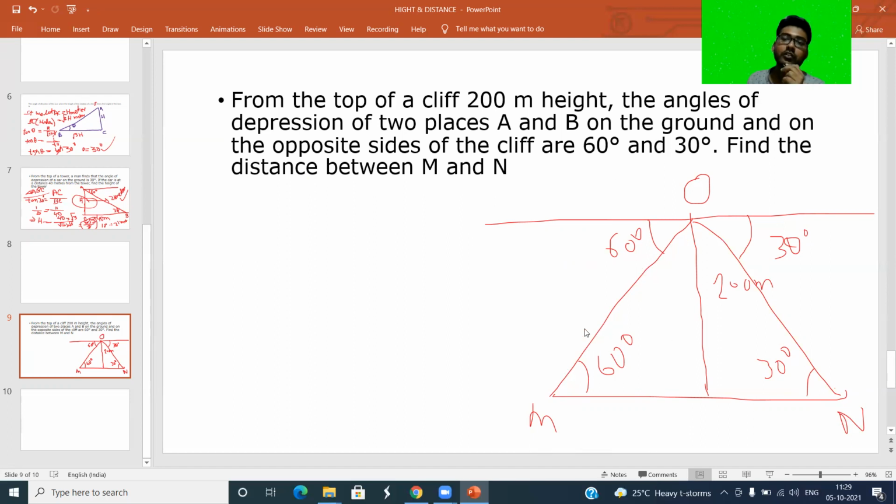How to solve this? It is a horizontal line, and the point is below this horizontal line, so the angle of depression value is 60 degrees. If it is 30 degrees, then it is 30 degrees. We need M and O. It is P. Let us take triangle MOP.